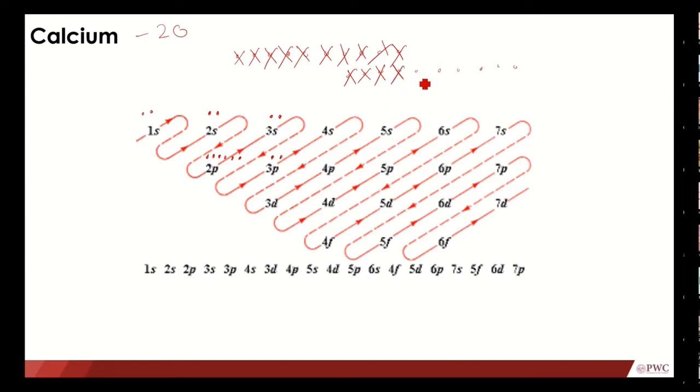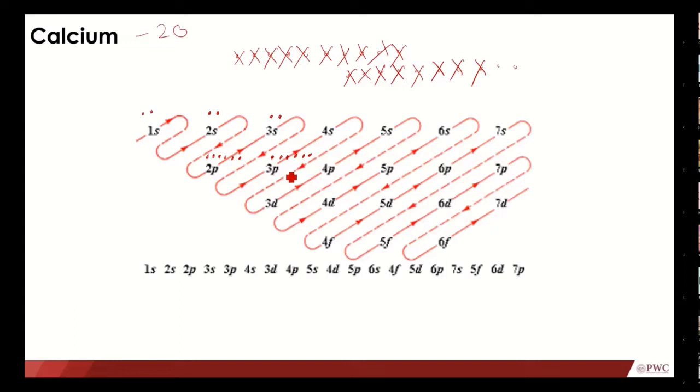The next one. Add up. Same lang. 4. Okay, we still have space, right? Because the p can hold up to 6 electrons. And then this one, and then this one. We have 6 na, so it's full na ang 3p.